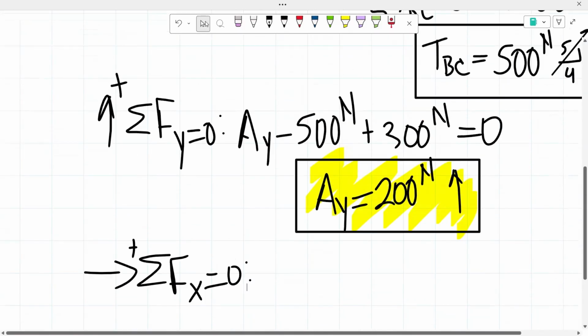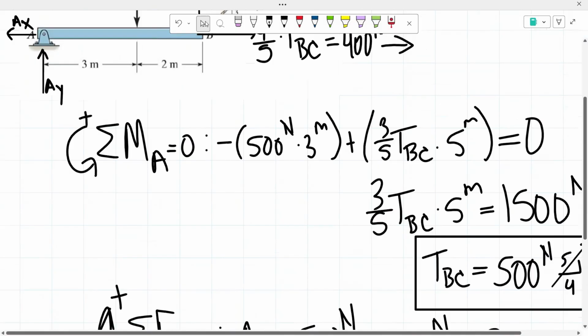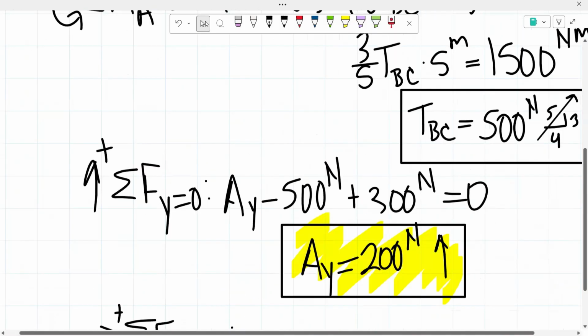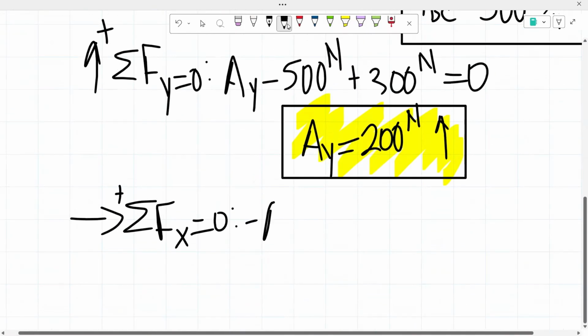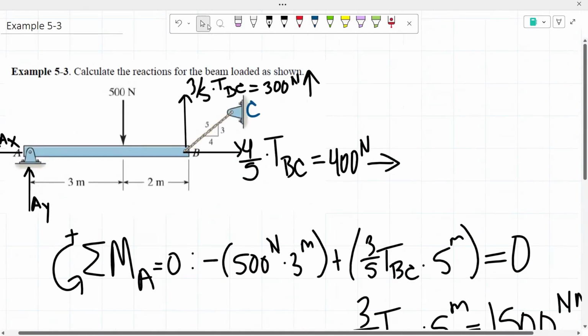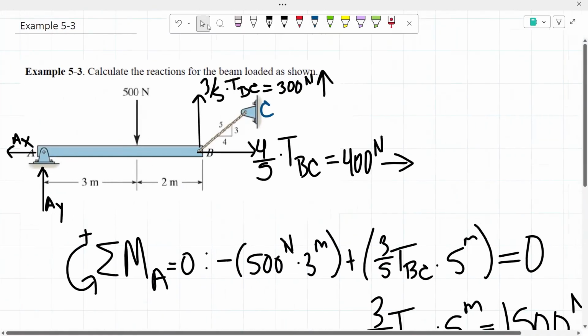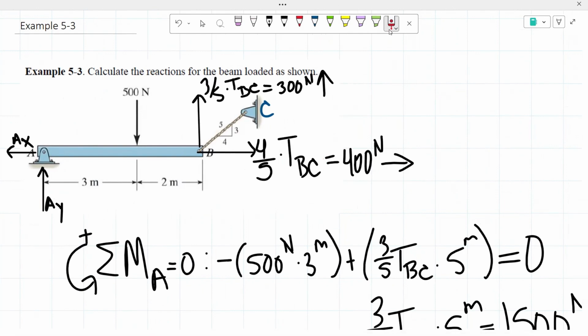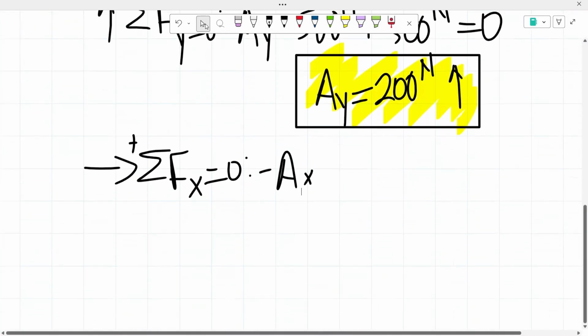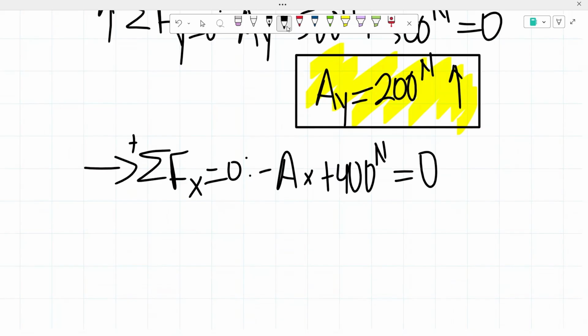So we assumed that our AX is going to the left, so that's negative AX. And then from there, our only other force in the X direction is our 400 newtons. We know that that tension force is going to the right, so that is a positive force. So plus 400 newtons has to equal 0.